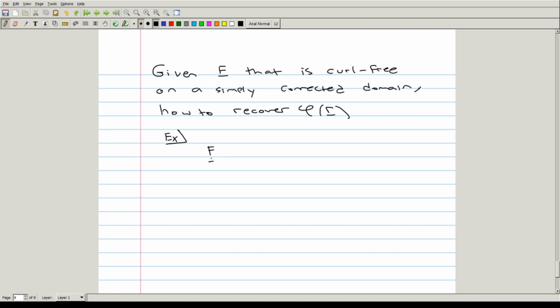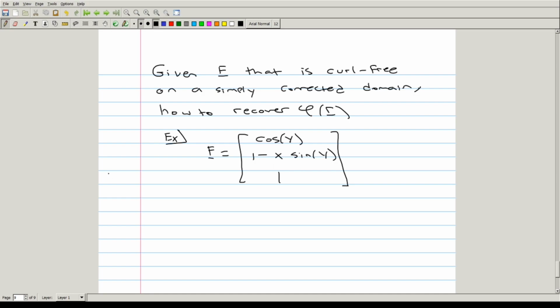So for example, we'll start with the following vector field. F is equal to cosine of y, 1 minus x times sine of y, and we'll say that the z coordinate is equal to 1. Alright, so if this is conservative, it certainly is continuous everywhere. Each one of these functions is continuous.